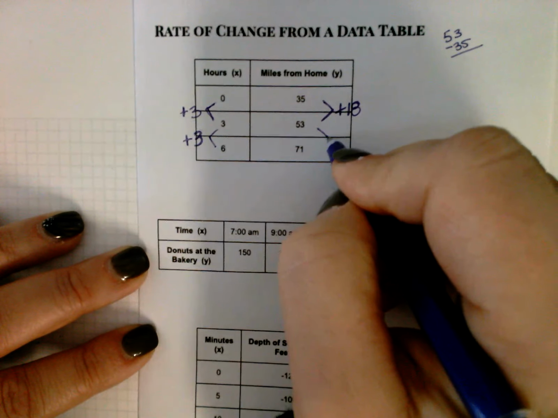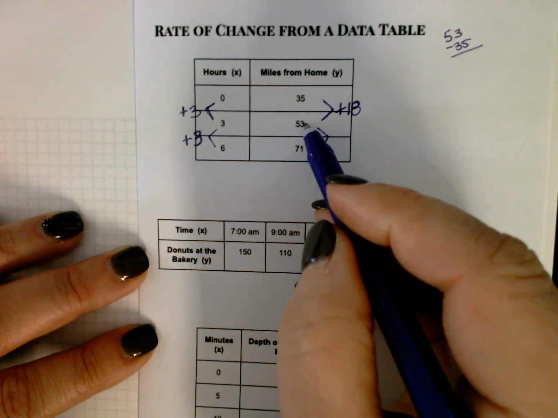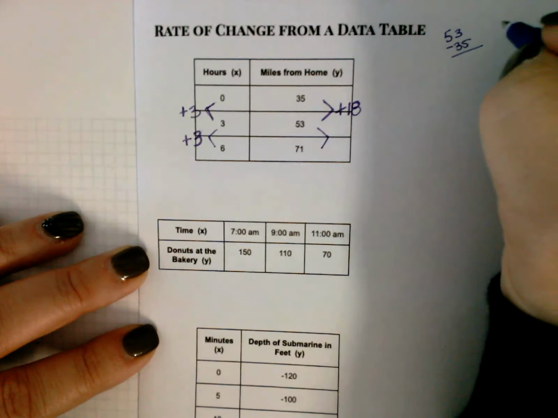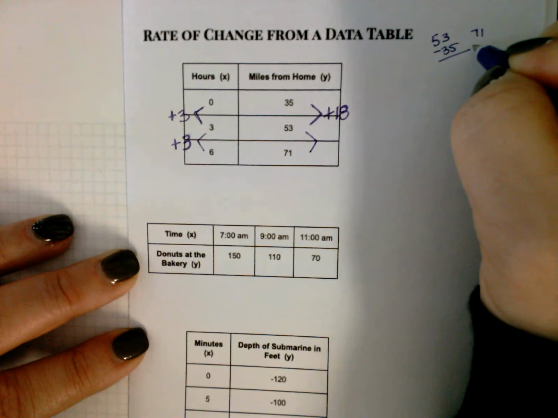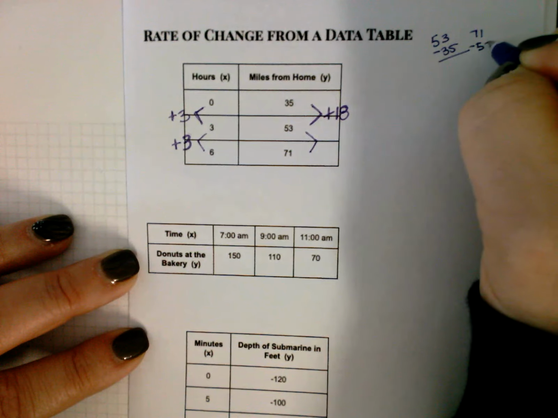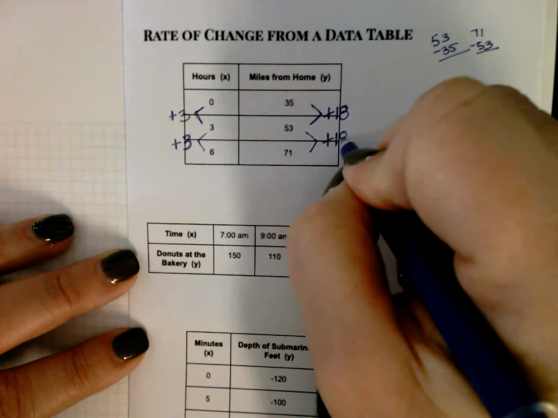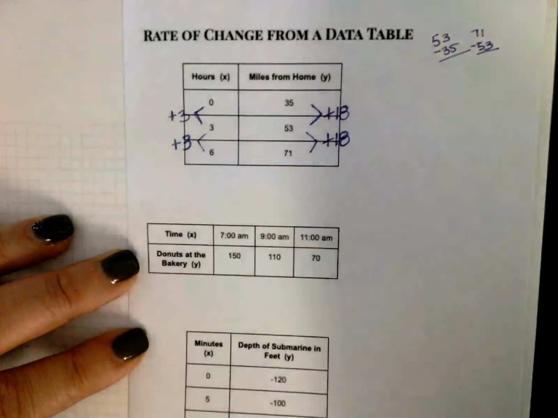Then during the next measured interval, they were at 53 miles. They ended at 71. So again, if you want to use a calculator, 71 minus 53, and I got 18 again.